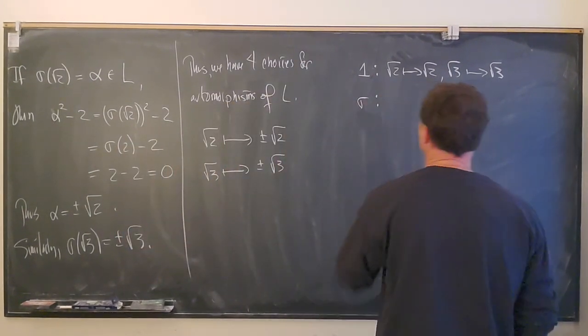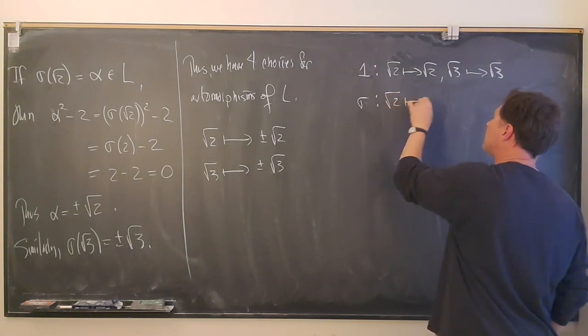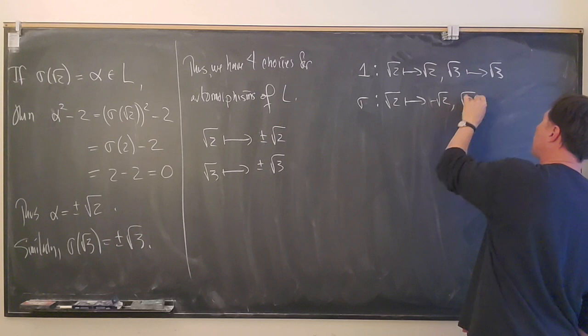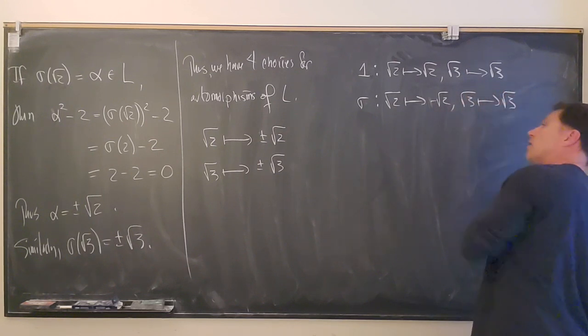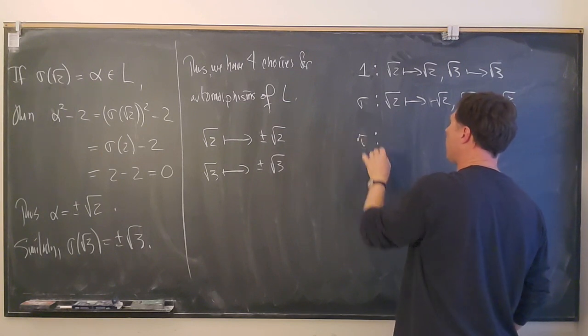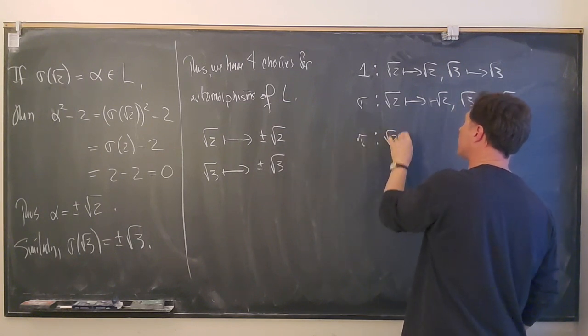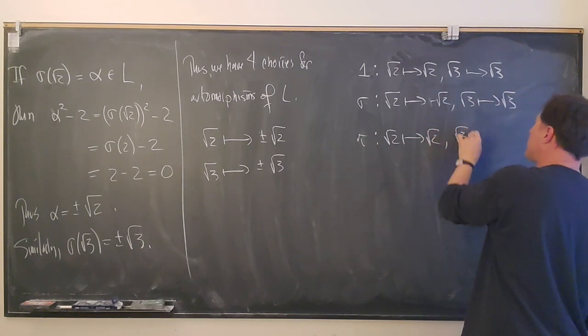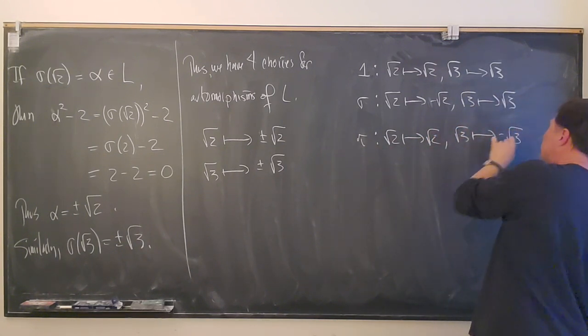Then there is, let's call it sigma, and that's going to be the one that takes root 2 to negative root 2, and it takes root 3 to itself. So there's another automorphism. There's another one, let's call it tau, that takes root 2 to itself and takes root 3 to its negative.